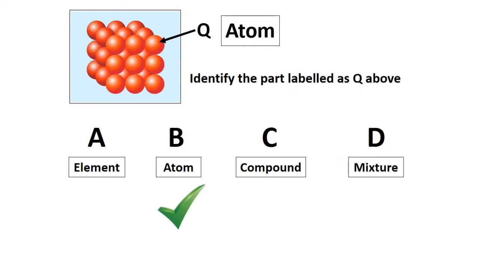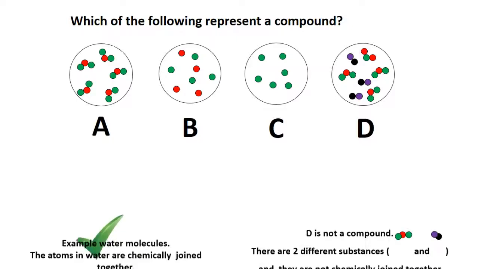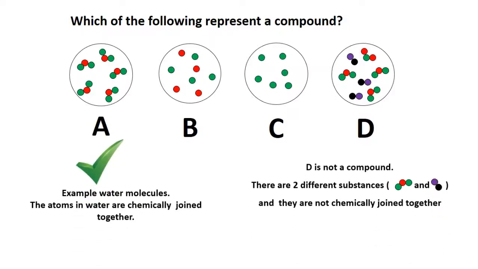Let's look at the third question. A, B, C, D. You've got 10 seconds. Thank you. The answer is A. I've put in some notes because some students get confused between A and D. A is a compound.